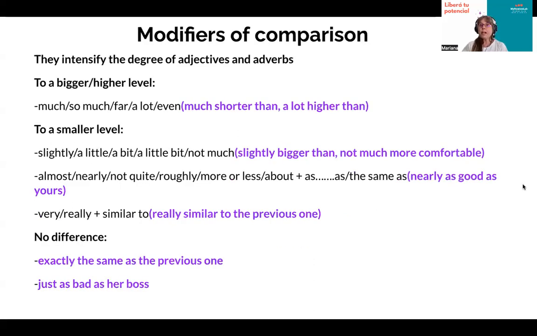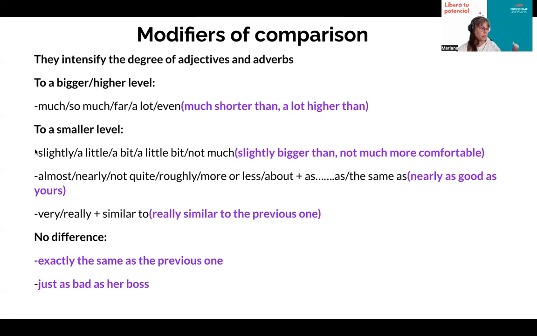And then we add intensifiers. We might add them if you want, to create different degrees in that comparison. If you want to add a bigger or a higher level, you can add much, so much, far, a lot, like much shorter than, or a lot higher than.